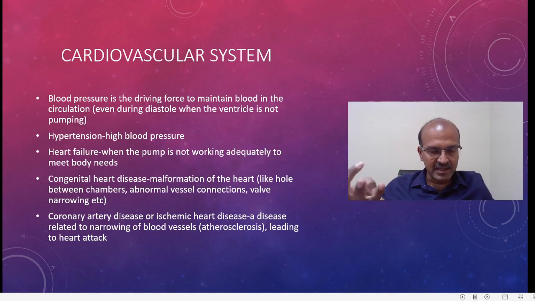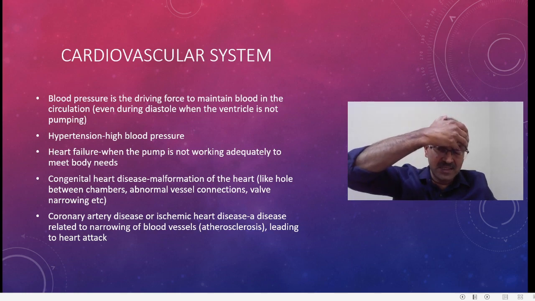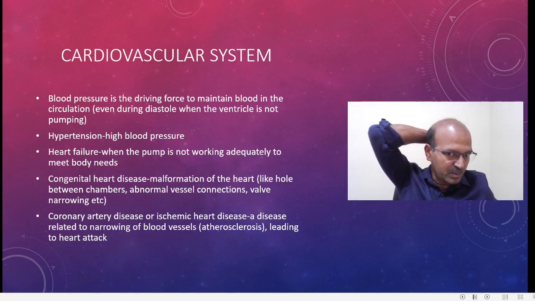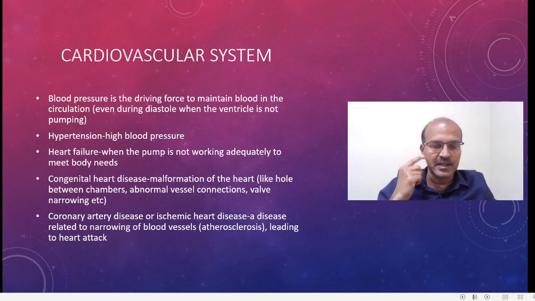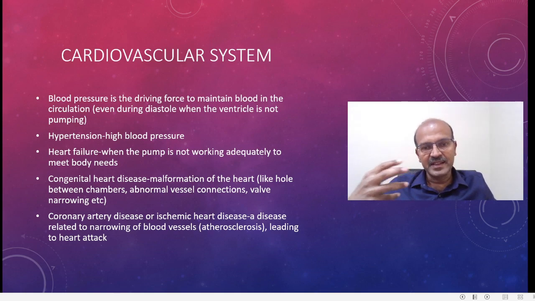So we have a fast heart rate, we have low blood pressure, we have swelling in the distal parts of the body because the kidney doesn't get enough blood flow when the heart is not pumping well, so the water excretion is reduced. So heart failure can essentially affect multiple organs.